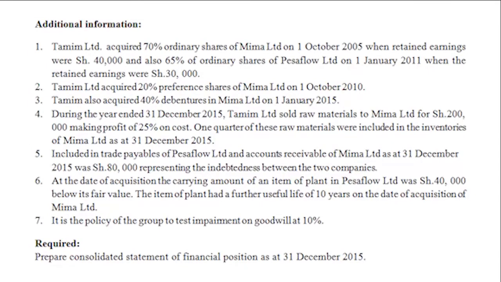The item of plant had a further useful life of 10 years on the date of acquisition. 7. The policy of the group is to test impairment on goodwill at 10%. Required: prepare the consolidated statement of financial position as of 31st December 2015.